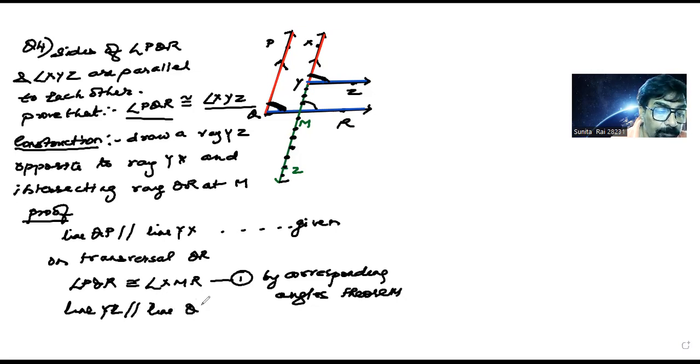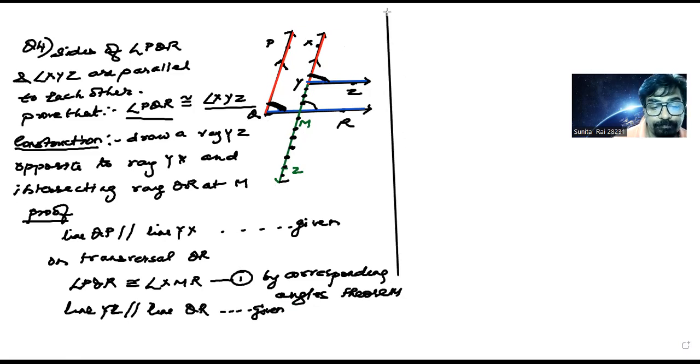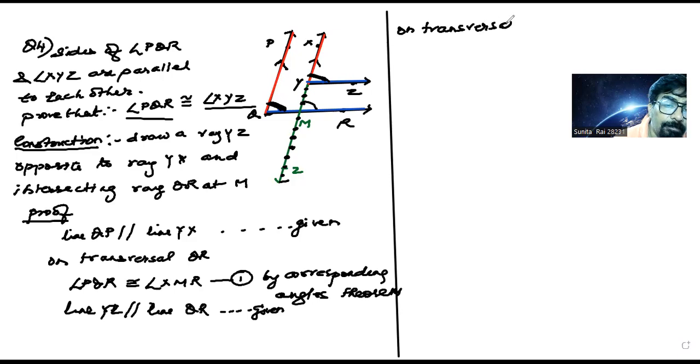Reason is given. Now, which is the transversal for them? Line YZ on transversal XZ. Can I write on the next side of it, children? Continue here. On transversal XZ, which is the transversal for them? Can you see here, children? Why did you take it?